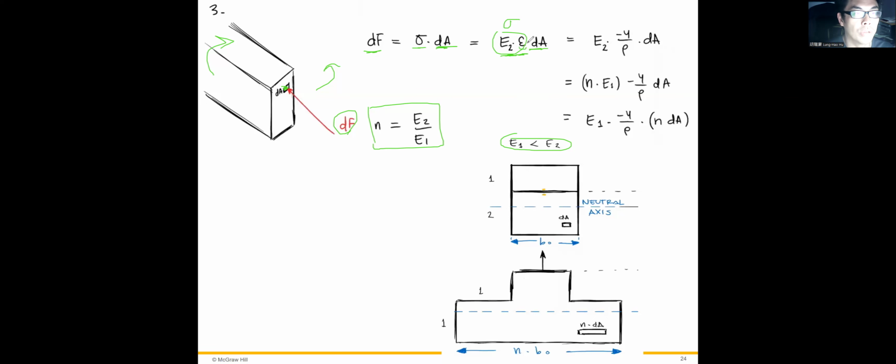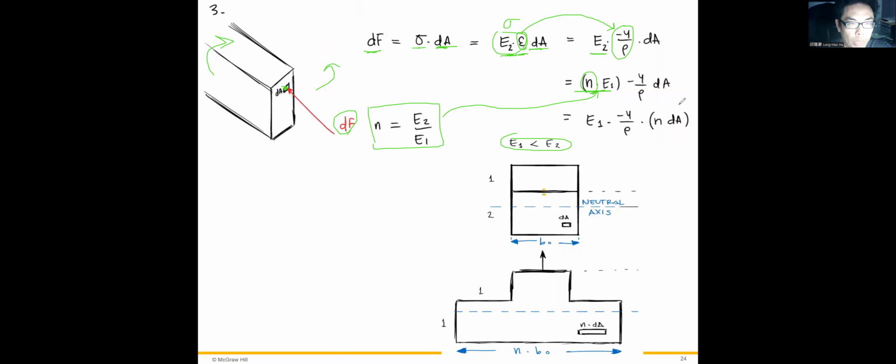Here, the strain due to bending equals minus y divided by rho. And E2 equals n times E1. We want to convert the whole composite, these two materials, into one material, so we need the factor n here.